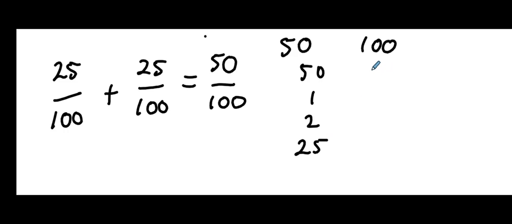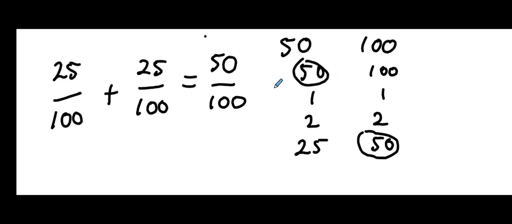The factors of 100 would be 100 and 1 and 2 and 50. I'm going to stop there. There are more factors of 100 obviously, but I can see that I have 50 on both sides, so I'm going to highlight both. That's my highest common factor.